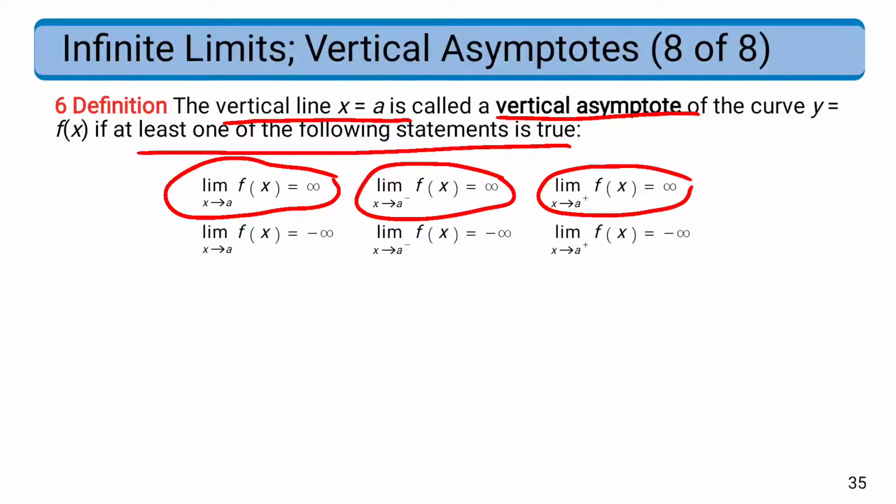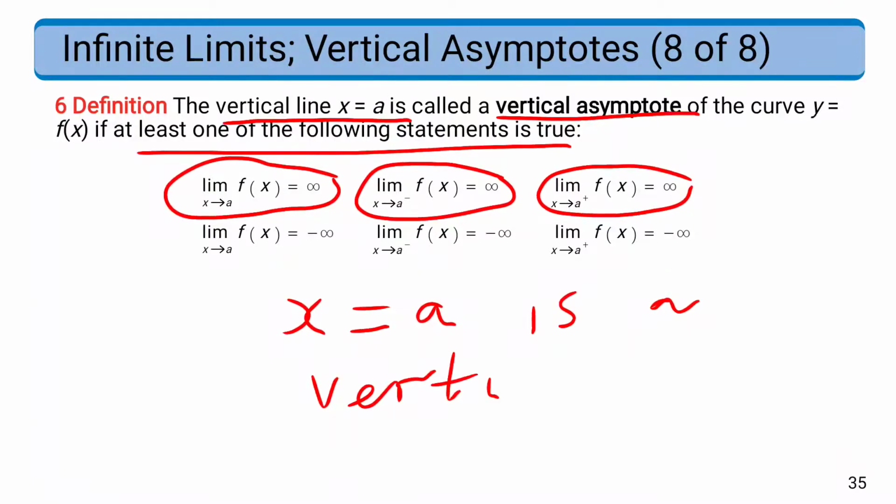So once you have one of these cases, know that the line x equal to a is a vertical asymptote. That is the definition that we give now.